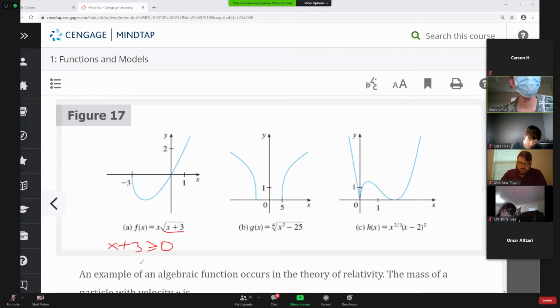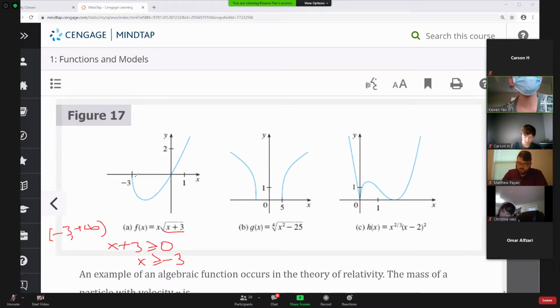So x is larger than or equal to -3. So you have found the domain easily, or you can use interval notation: from -3 to positive infinity, half closed.